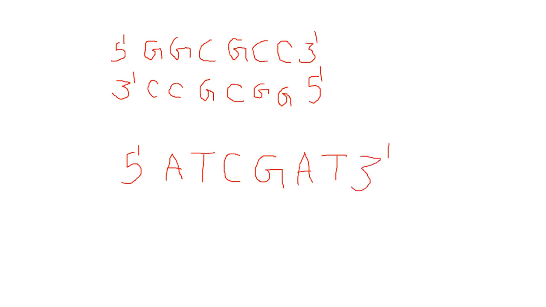Then its anti-parallel strand has polarity 3 prime to 5 prime. And what you need to do now, just write the complementary of all these. Okay, so it will be T, A, after that G, complementary of C, right?